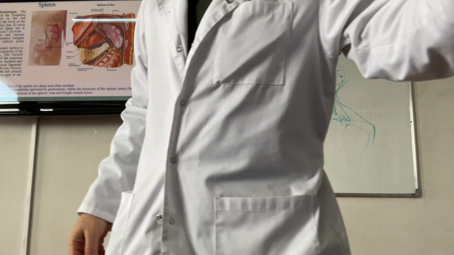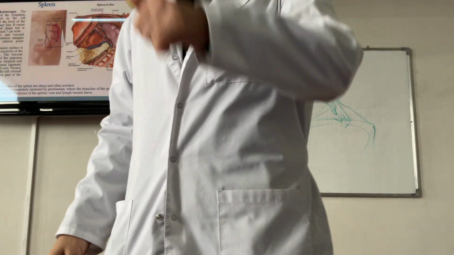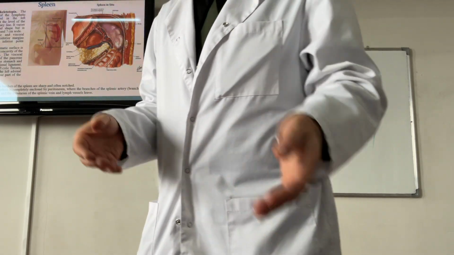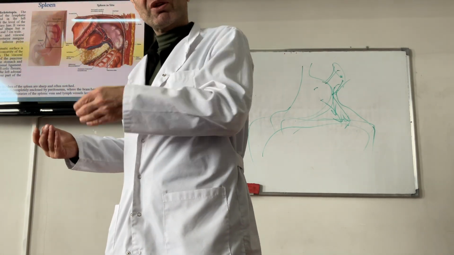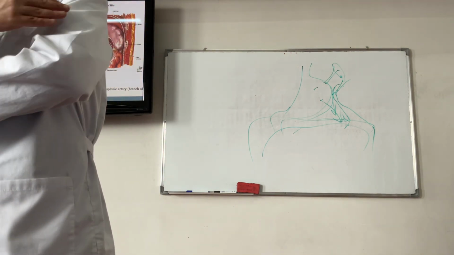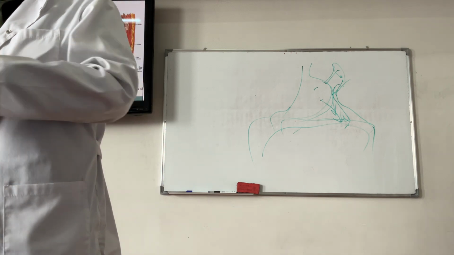Before reaching the hilum of the spleen, they give recurrent vessels towards the stomach. By the gastrosplenic ligament, they come to the greater curvature of the stomach. As you remember, these are the short gastric arteries, which come to the fundus region, and this is the left gastroepiploic artery, which comes to the greater curvature.